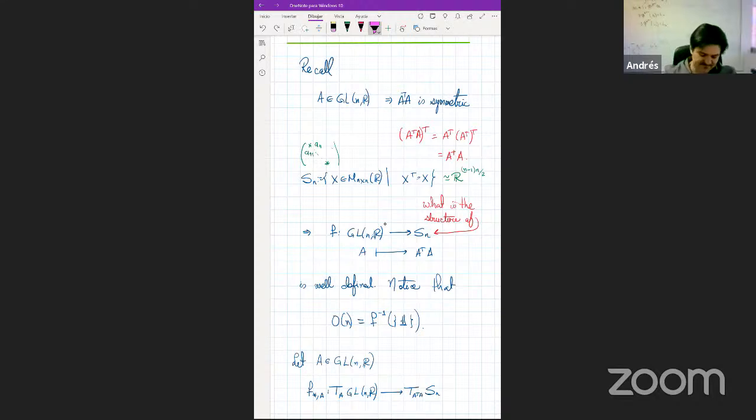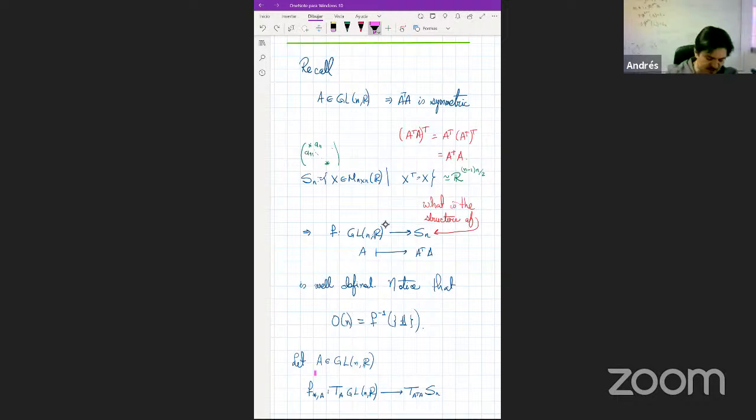So I have F. I'm going to compute the differential, and we will prove that it is onto, it is surjective, the differential. And in that way, we can compute the dimension of this. Remember, the formula is going to be the dimension of this manifold minus the dimension of this manifold. But in order to do that, we need to show that the differential is surjective.